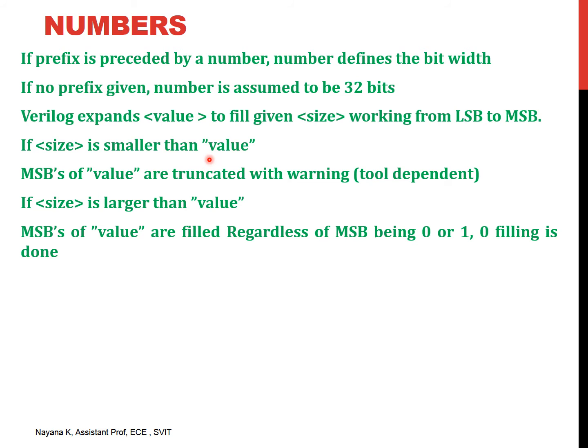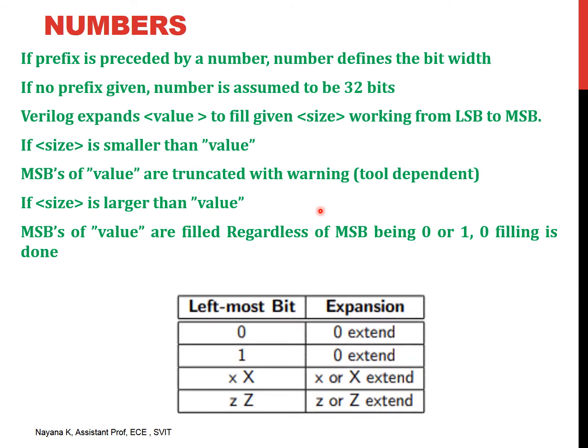But when we say it is 2 bits, the size has to be matched, so the MSBs are truncated, removed with a warning. They just show a warning that the size does not match, but automatically the MSB bits are deleted if the size is small. So it is always good practice to have a size which is larger or of the same size.